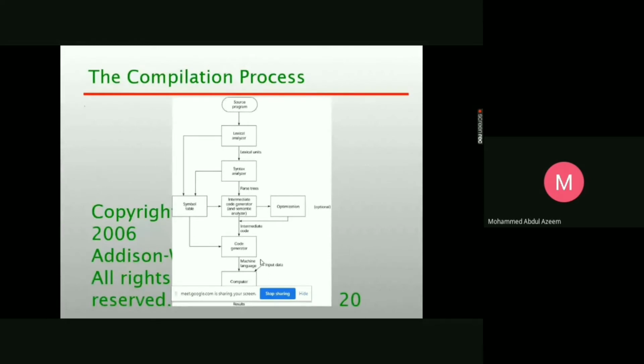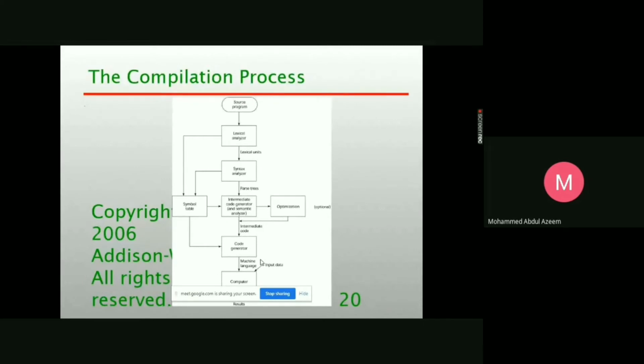These parse trees represent the syntactic structure of the program. The intermediate code generator produces a program in a different language at an intermediate level between the source program and the final output of the compiler, the machine language program. The semantic analyzer checks for errors that are difficult, if not impossible, to detect during syntax analysis, such as a type error.